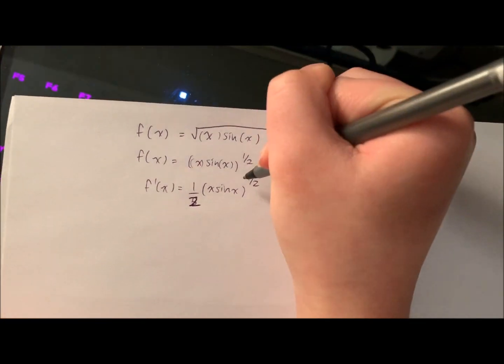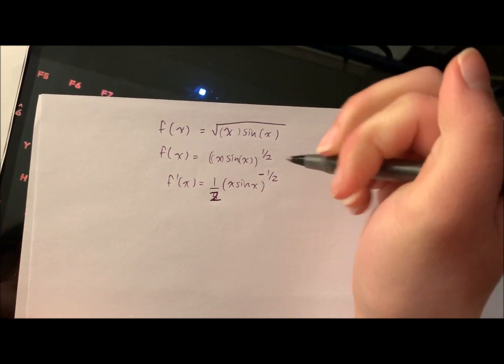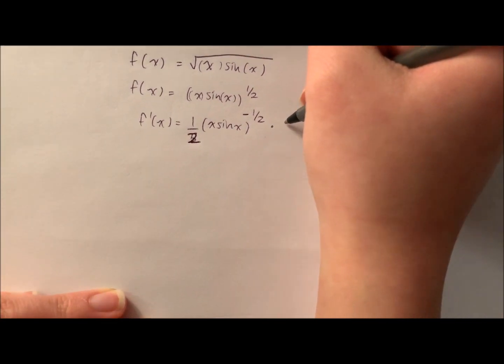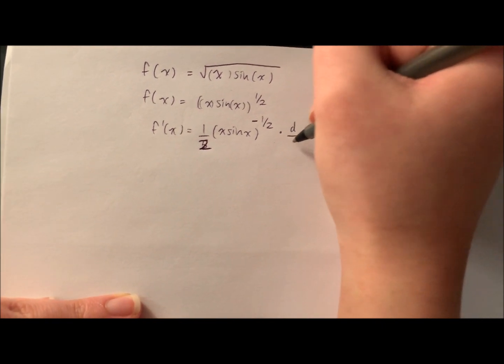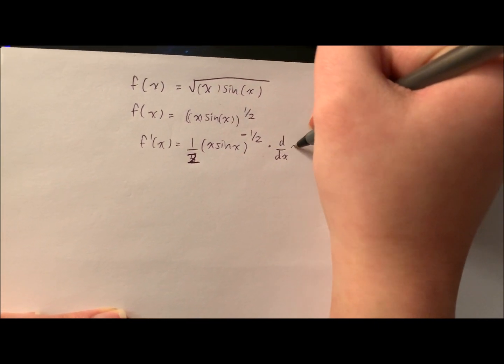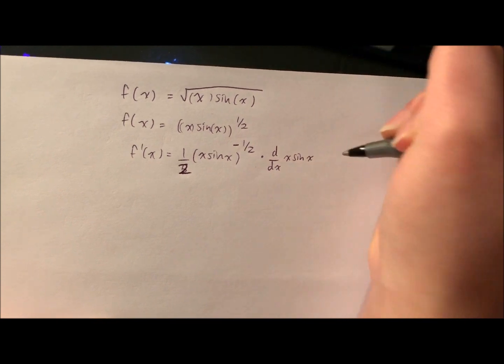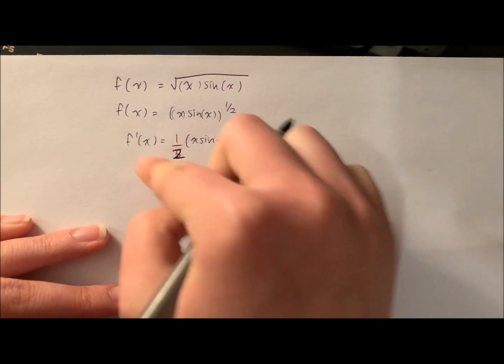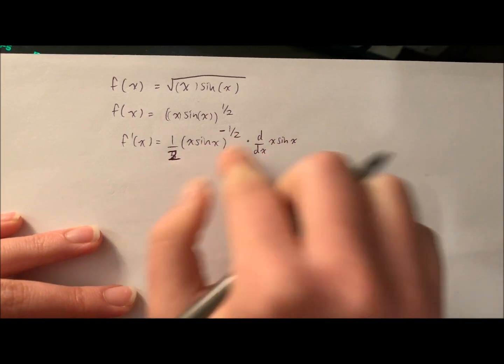Half right there, but it's negative because we just derived it. But this is where chain rule kind of pops out. We need the derivative of x sine x, but at the same time this is a product rule also because these two are being multiplied.